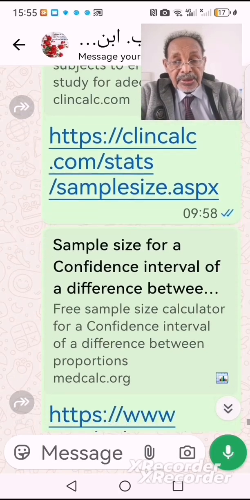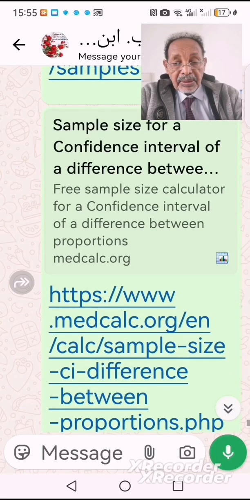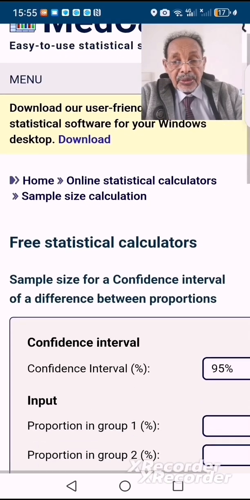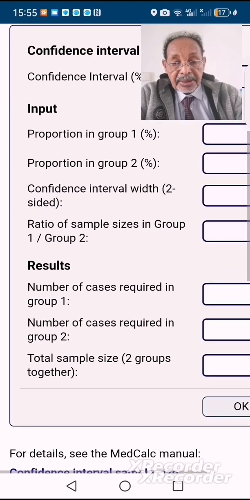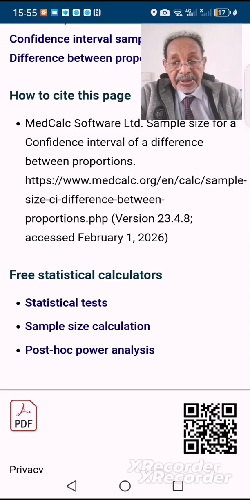Now we can explore another calculator, like MedCalc. In the MedCalc, if we go along the literature of the MedCalc to the bottom, we will find that there are some statistical tests and sample size calculation and post hoc power analysis.